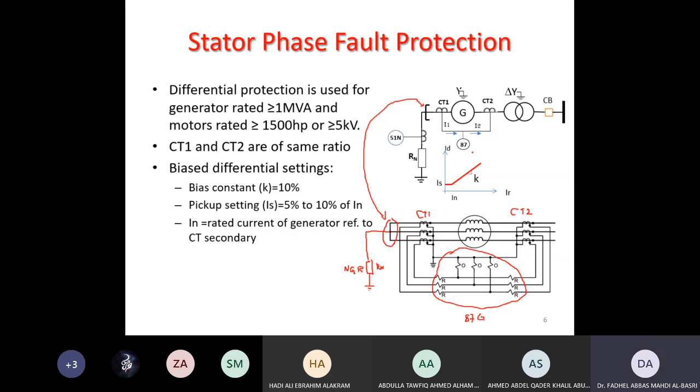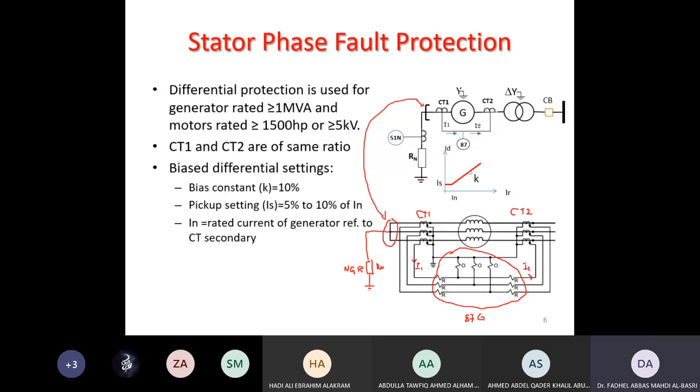For this differential relay, we will use a biased characteristic, and I want to compare the current at this side, which I'll call I1, and the current at the other side that goes to the relay, which we'll call I2.